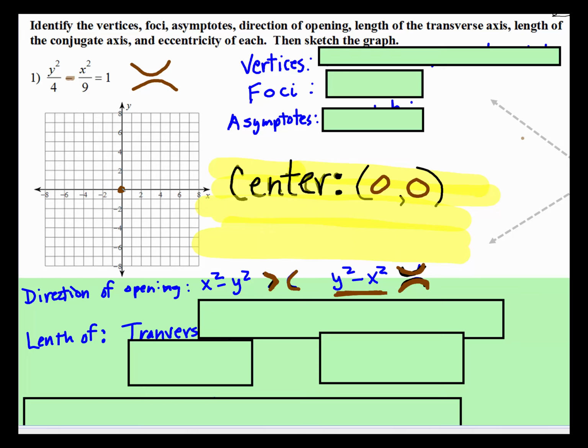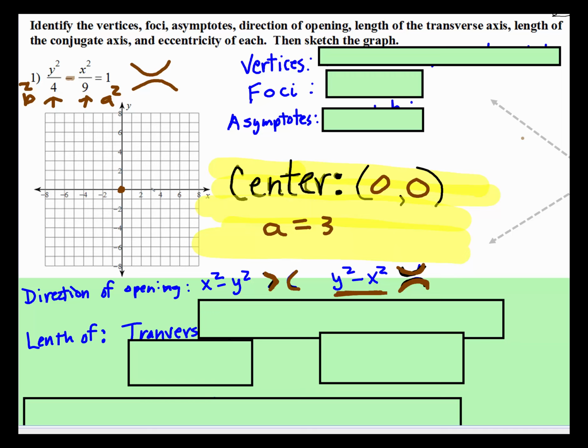And then to find the vertices and the co-vertices, right there you have a squared and b squared, but be careful: under y is still the b squared and under x is still the a squared. So they've swapped places. If you take the square root of each, the square root of 9 is 3.